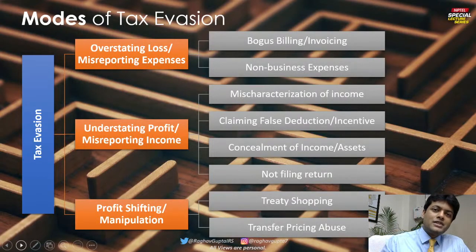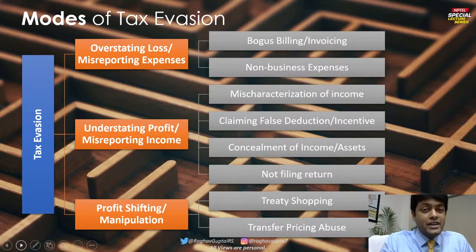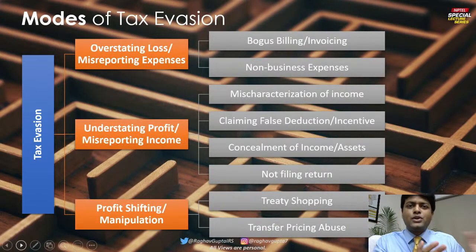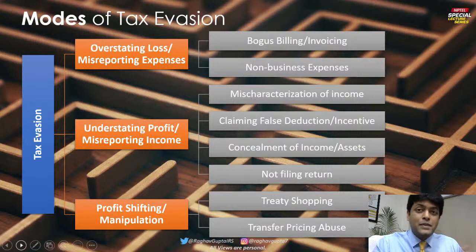The next one is called transfer pricing abuse, or transfer mispricing in some contexts. What this essentially means is, let's say you have two independent enterprises, you would expect them to transact in a particular way. But what happens if there are two enterprises which are related to each other by, let's say, management or control or by some other context? Would we expect them to do the same kind of transaction which an independent one is doing?